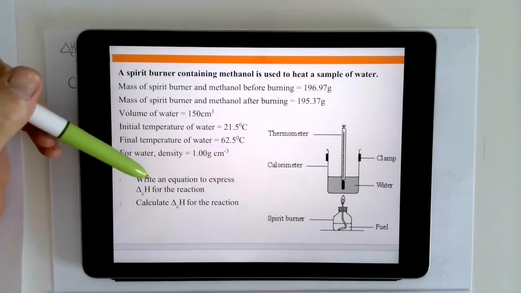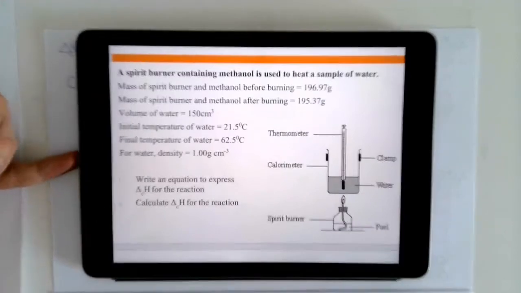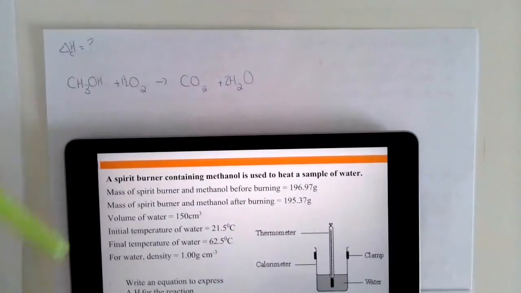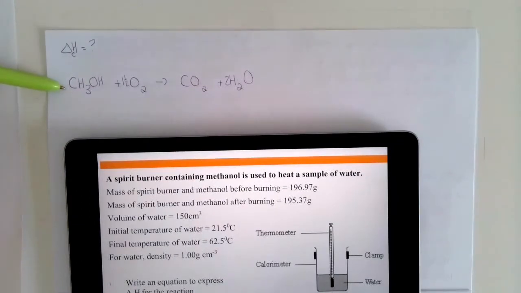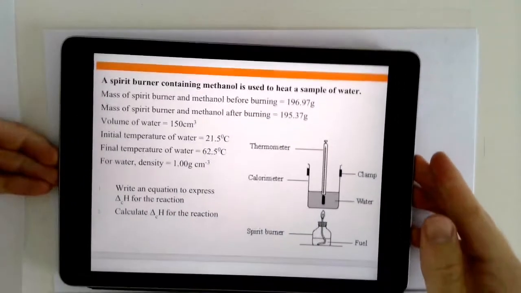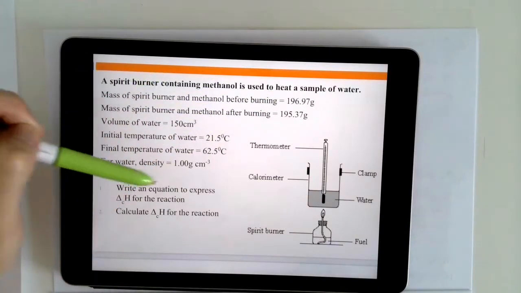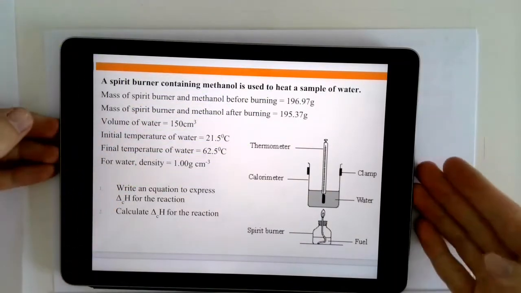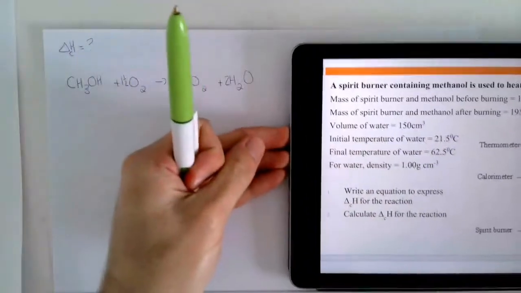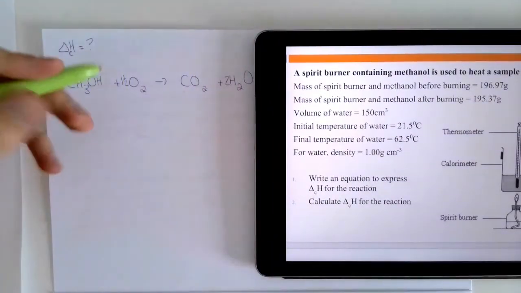It says write an equation to express delta CH, the enthalpy change of combustion for the reaction, which we've already done here. Then it says calculate the enthalpy change for the reaction using this data. So how on earth are we going to use that data to work out the enthalpy change of the reaction?